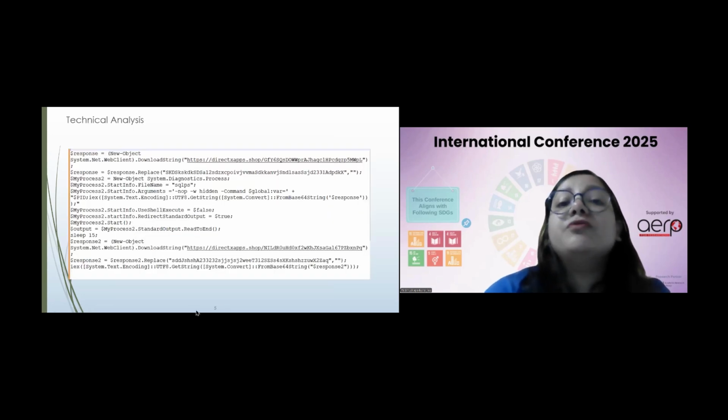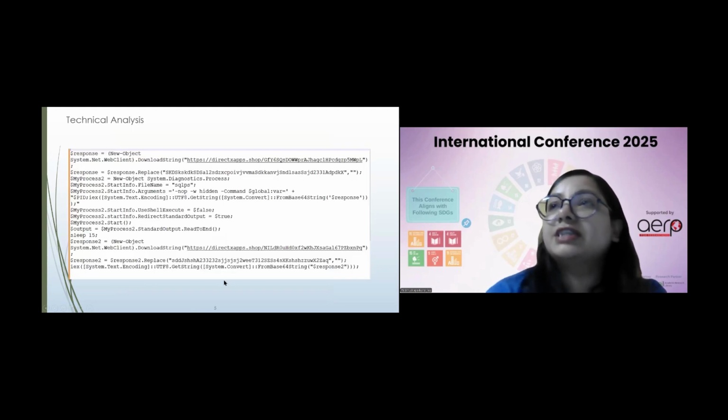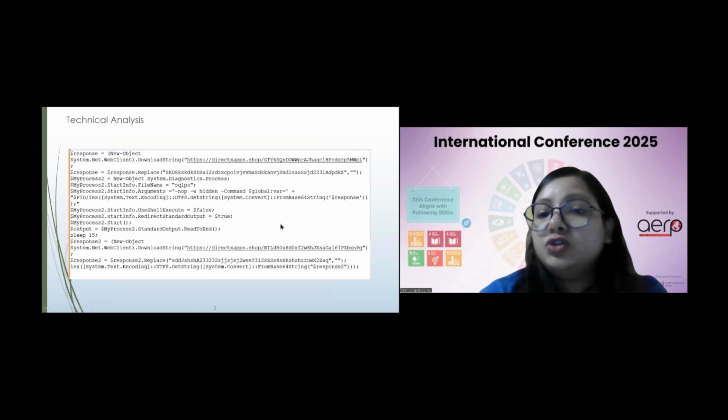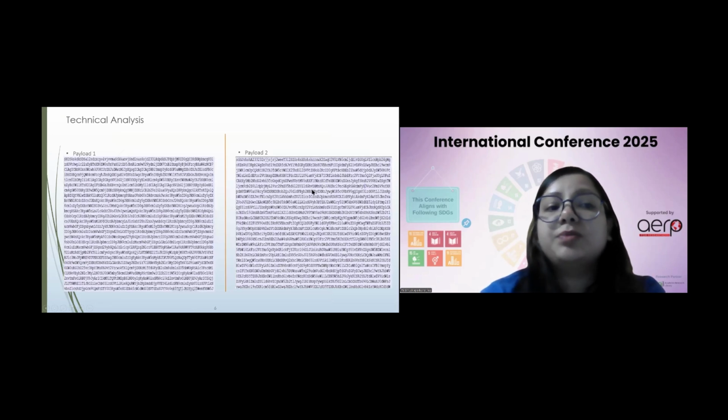Now, coming to the important part, the first malicious PowerShell file. Here you can see that it has two download strings, and it tries to download two different payloads, payload 1 and payload 2. This is how payload 1 looked, and this is how payload 2 looked. They were both base64 encoded.